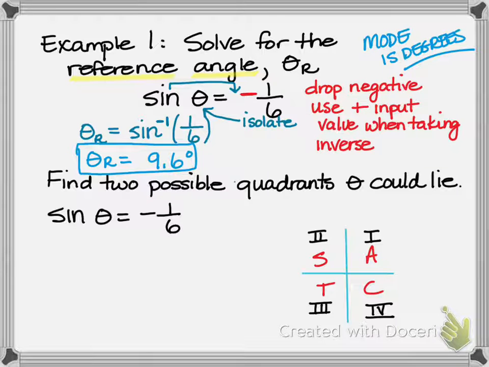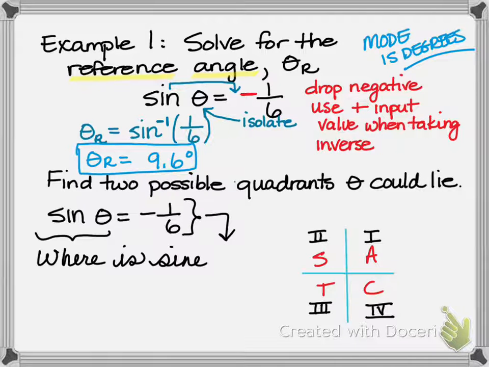So if that's my problem, I need to ask, where is sine? And then notice this number is negative. Where is sine negative? Well, I know that sine is positive here and here, right?